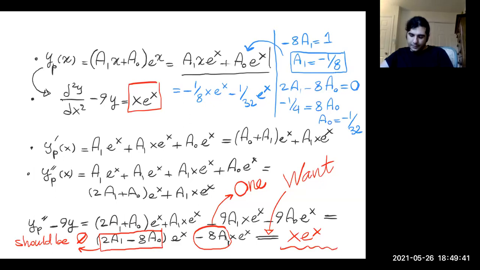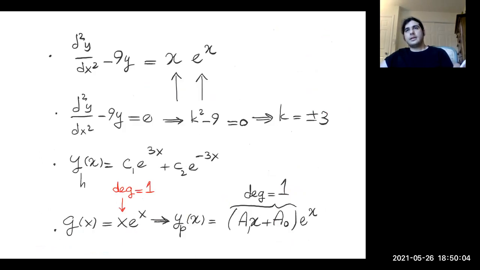So yeah, I think Austin's solution was correct. So this is our particular solution. Now our general solution would be this one plus what we had before. This one was our solution to the homogeneous part.